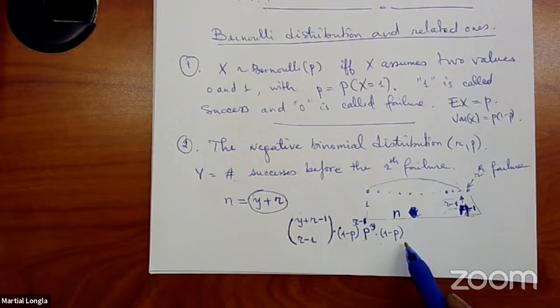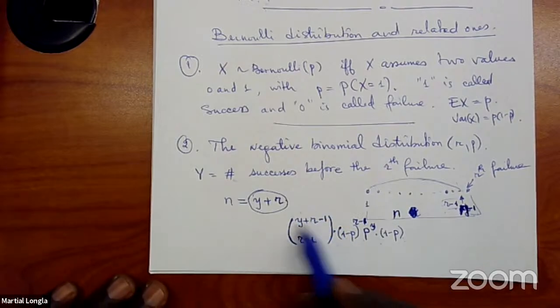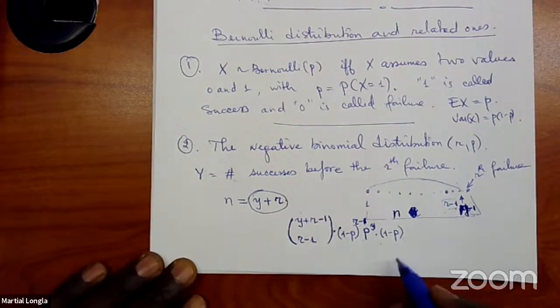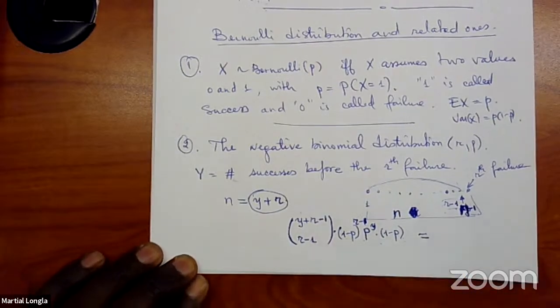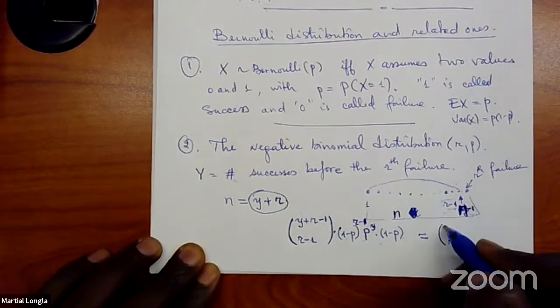That's this 1 minus P. And this is choosing where to put those failures among the Y plus R minus 1 positions that you have. And so that is what gives you the formula that you have to find the probabilities in this case.